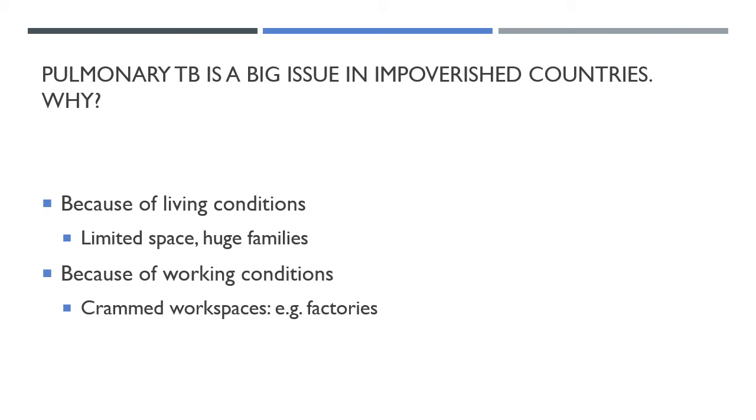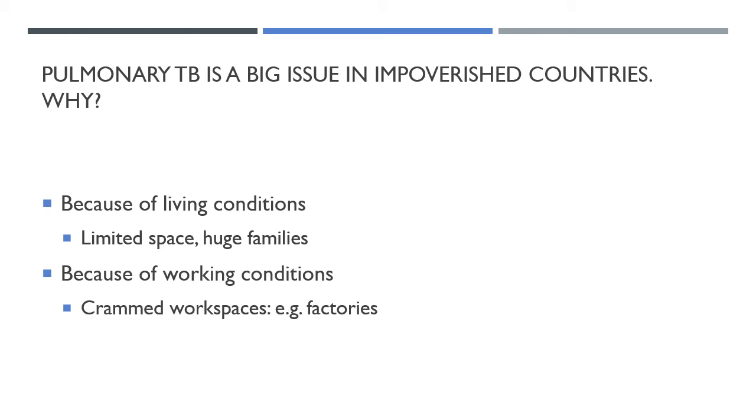So, why is TB a big issue in impoverished countries? Well, this is because of the living conditions and the working conditions. What I mean by this is backed up by the data that I'm going to show you in the next few slides. Due to the mode of transmission, the ideal places where TB is passed on are crammed, poorly ventilated, overcrowded places, and these places just happen to be more prominent in lower income countries.